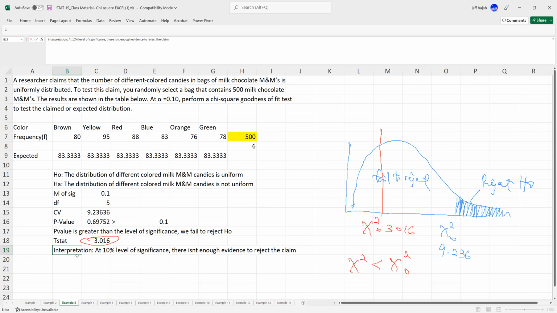And we can see clearly that we didn't have enough evidence to reject the claim, and the claim was that they are uniform, right? We're not able to reject that because clearly the difference between them was not enough for us to do so. That's how the chi-square goodness of fit method works.